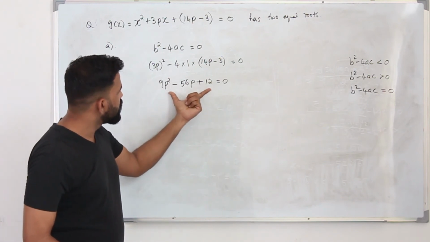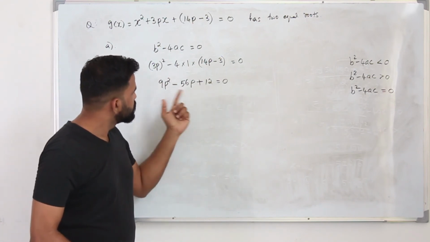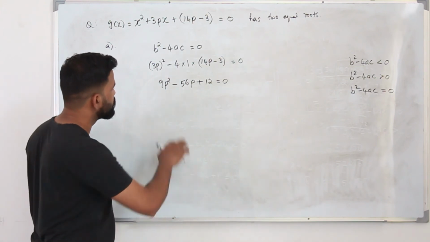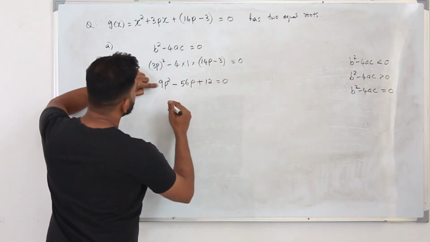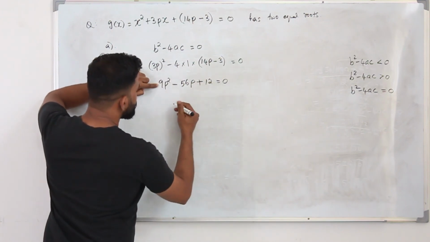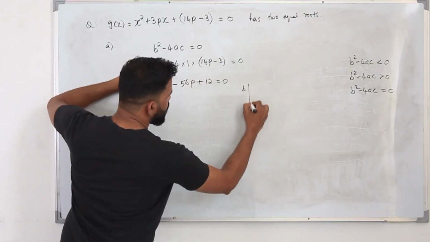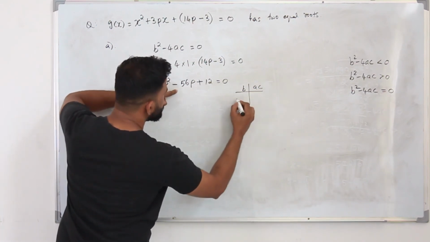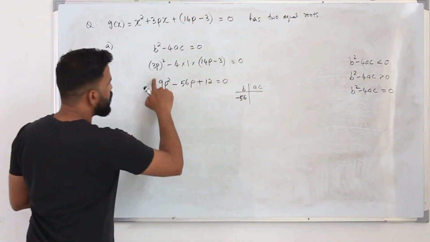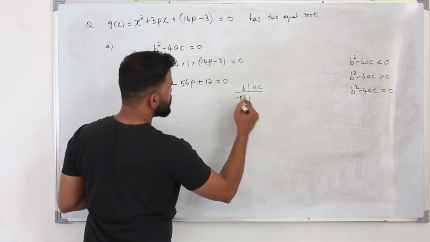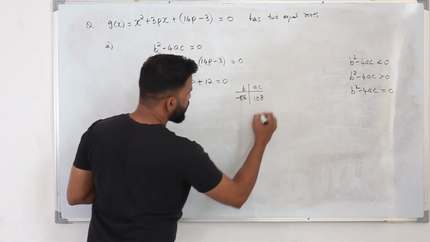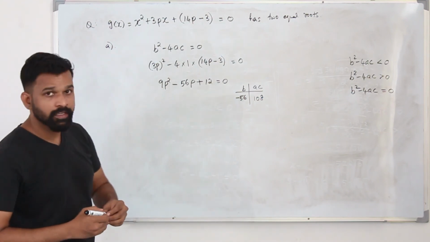So you need to solve this equation. You can use the formula method or factorization. I'm going to use the factorization method. Take b and ac. Your b is minus 16. Your ac is 9 times 12, which is 108. Okay, that's some huge figure.